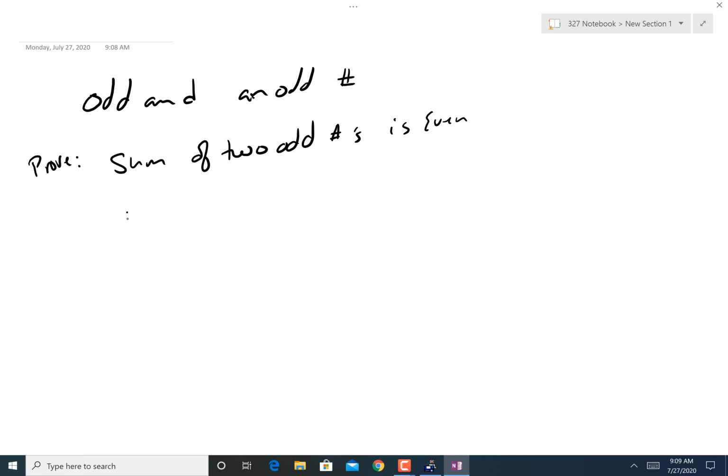So what I'm going to do is let R equal 2k plus 1. And I'm not going to use S, I'm going to use M. I'm going to let that be 2 times a different integer, p, plus 1. Whatever. So when I take R plus M, that is the same as 2k plus 1 plus 2p plus 1.